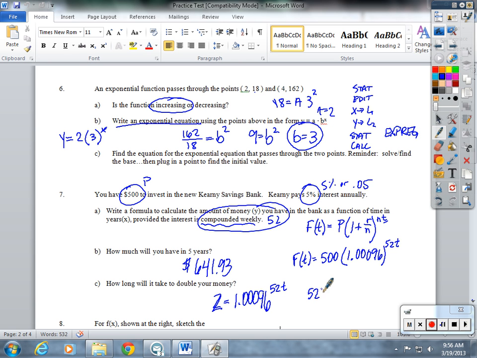So 52t ends up equaling, in short, the log of 2 over the log of 1.00096.